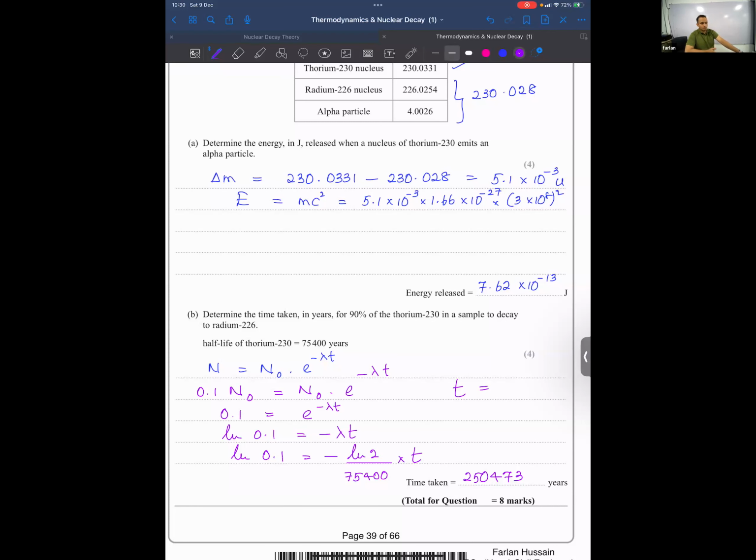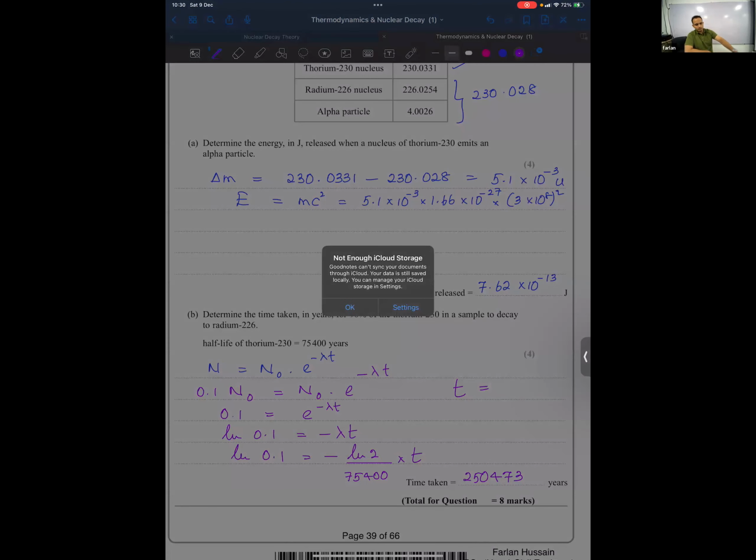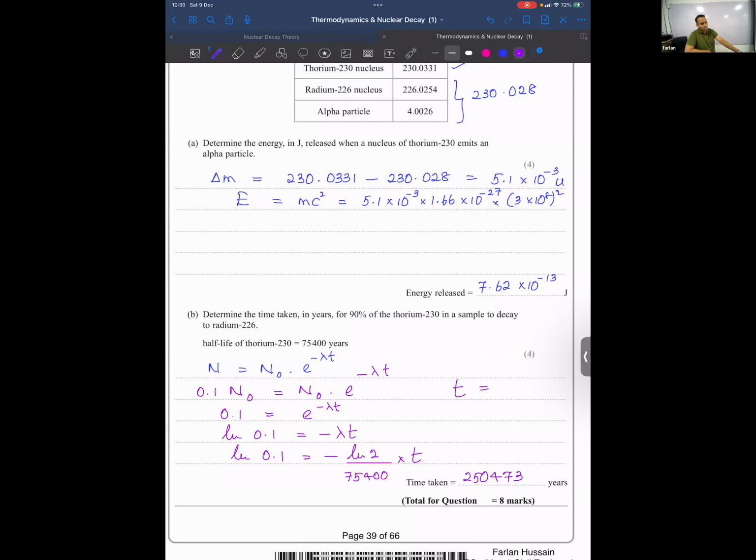So I have taken N to be 0.1 N naught equals N naught into e to the power minus lambda t. Okay, so on either side, N naughts will cancel off. So 0.1 equals e to the power minus lambda t. Okay, so if I take ln 0.1 equals minus lambda t.